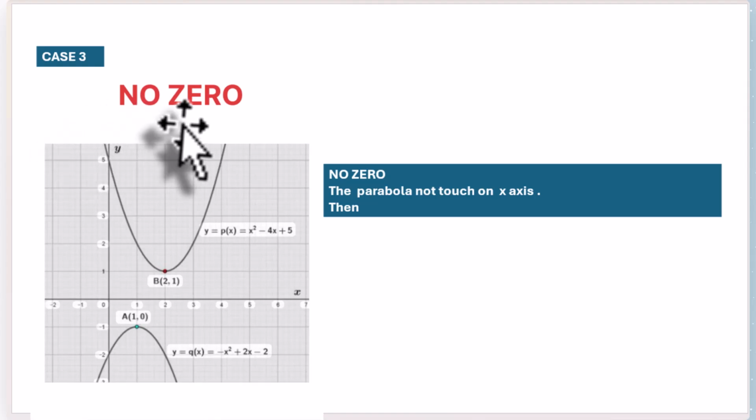Case 3, no zeros. In the no zero case, the parabola does not touch the x-axis, so x has no value.